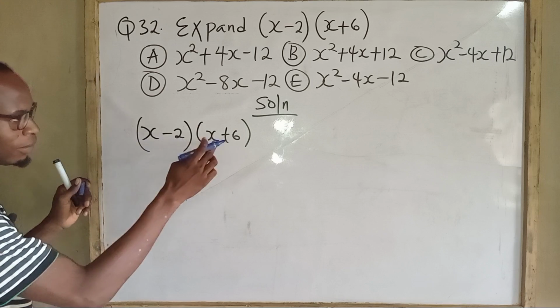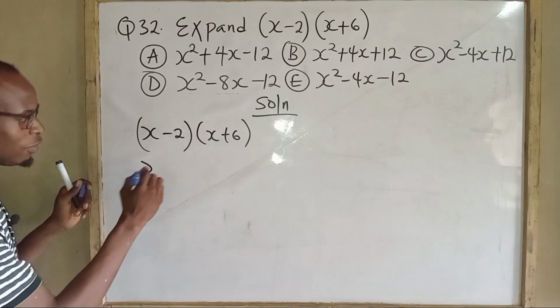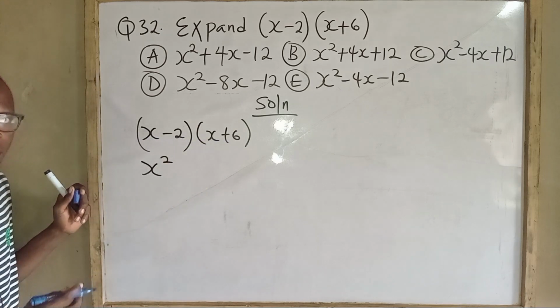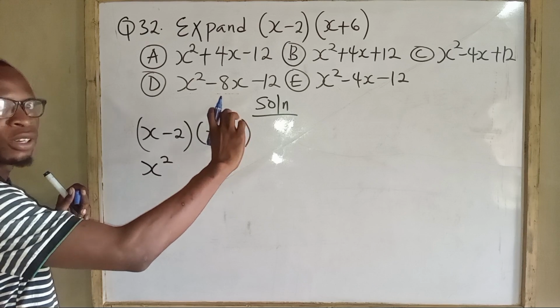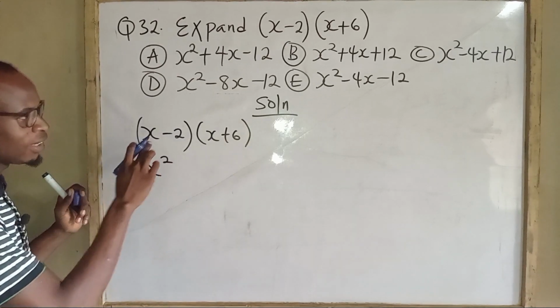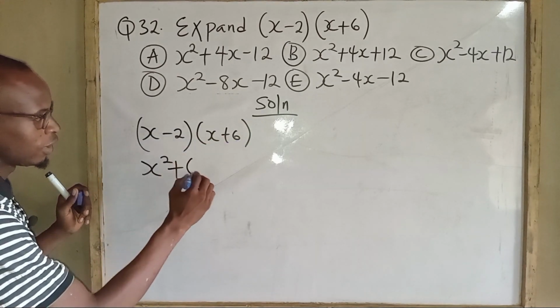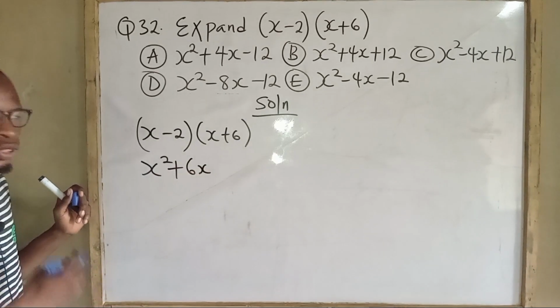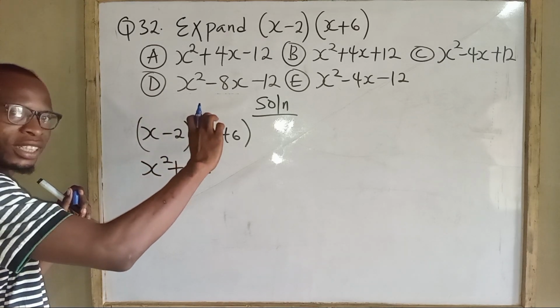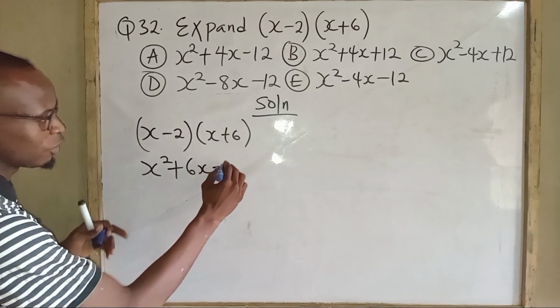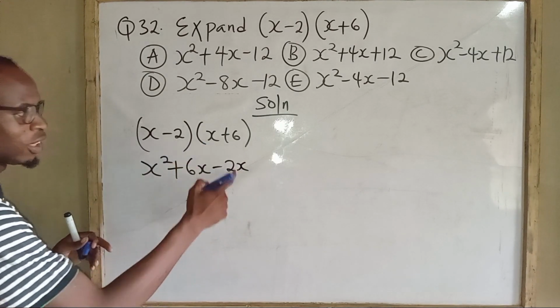So x multiplied by x will give you x squared. Then you take the first term of the first bracket to multiply the second term in the second bracket. x multiplied by 6 gives 6x. The next thing is to take the second term in the first bracket to multiply the first term in the second bracket. So we have minus 2x, because minus 2 times x gives minus 2x.